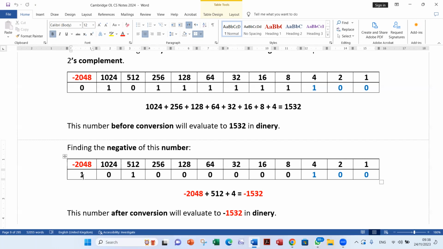Please work them both. If the first evaluates to 1532 and the second one evaluates to negative 1532, then you will have some confidence that this method is real. Okay, take your time.